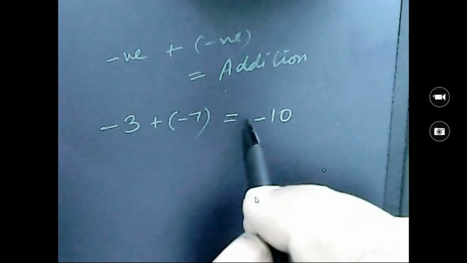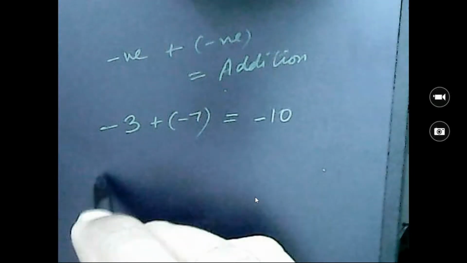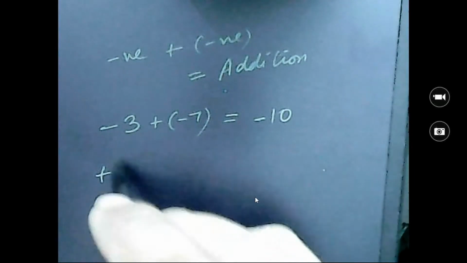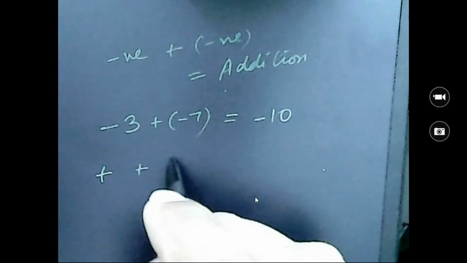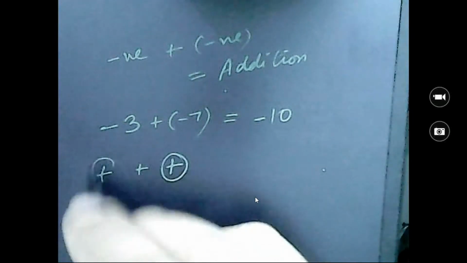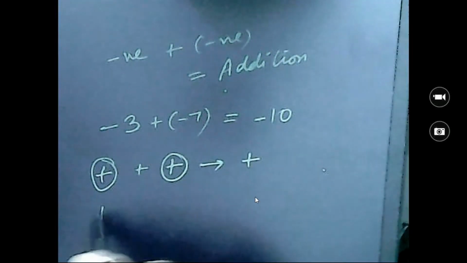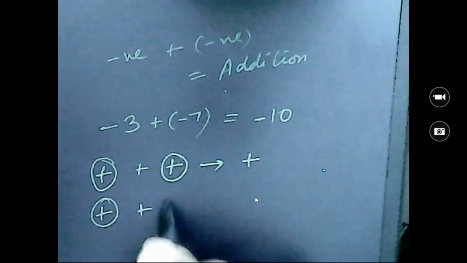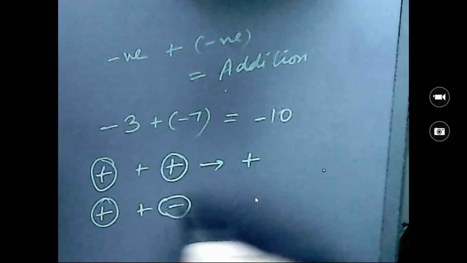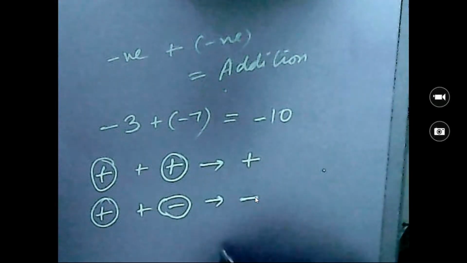So just remember these formulas. In case of addition, plus and plus, you have to go for plus. If you have plus and you add minus, you have to go for minus.